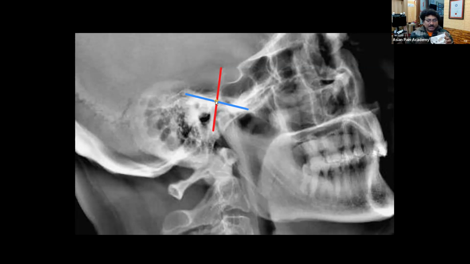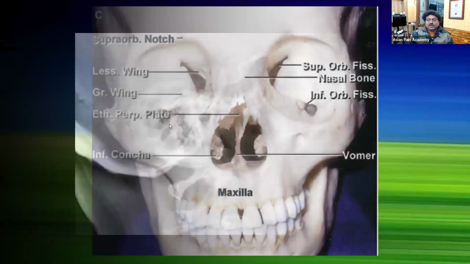It is not a structure in the skull, but it indicates the maximum width of the Gasserian ganglion, after which if your needle goes up, there is a possibility you are hitting either the midbrain or, if you are lateral, the temporal lobe. So this junction is very, very important while doing the procedure.